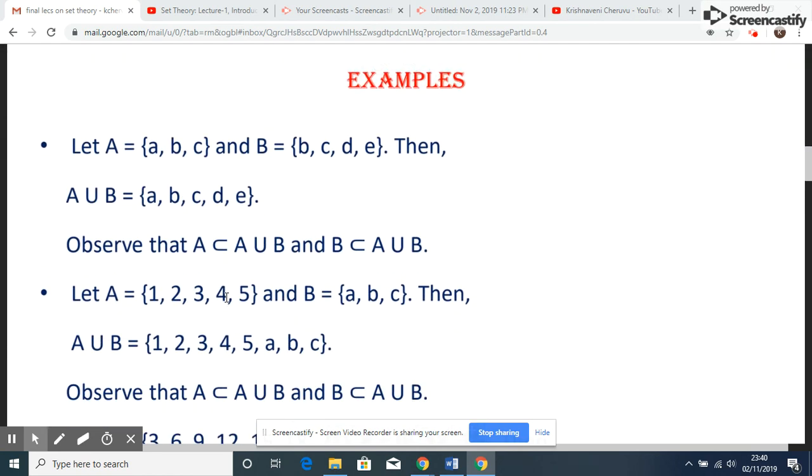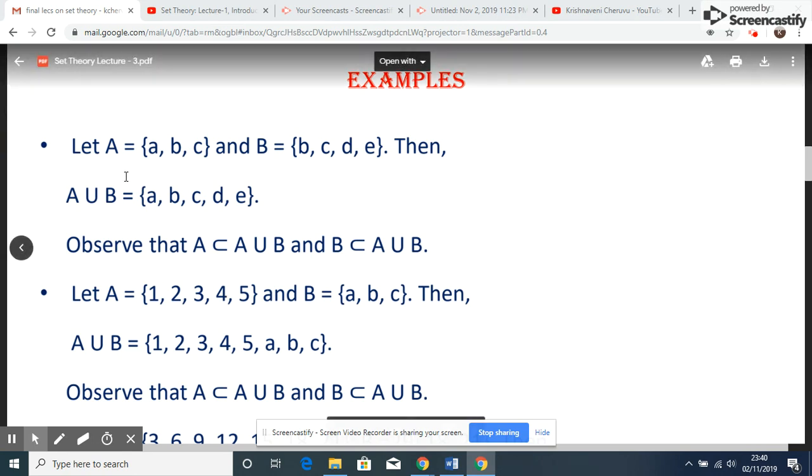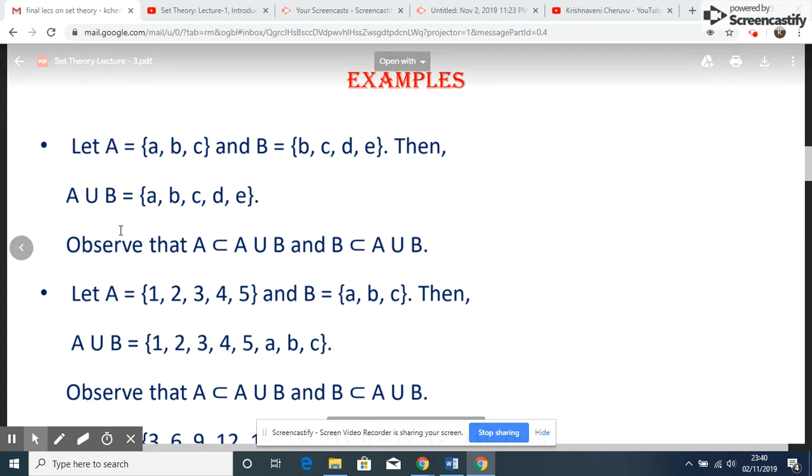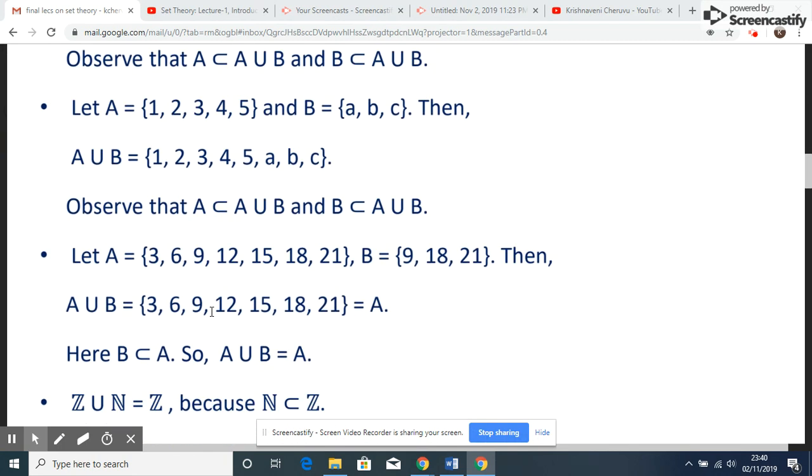Let us see some examples. Here A is the set with a, b, c, B is the set with b, c, d, e. Now the elements which are in A, elements which are in B or in both constitute A union B. So A union B is a superset of A and B. Here observe that A is a set with elements 3, 6, 9, 12, 15, 18, 21.